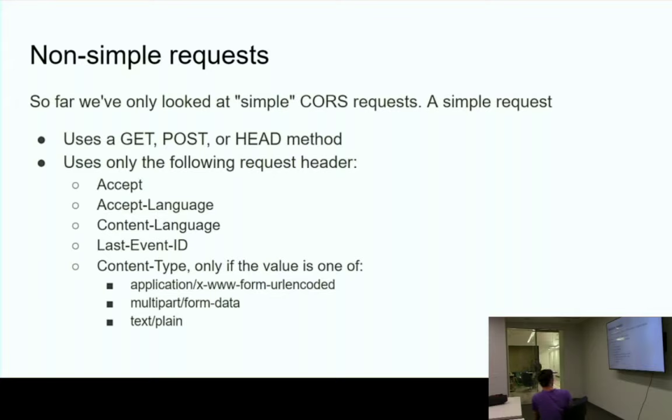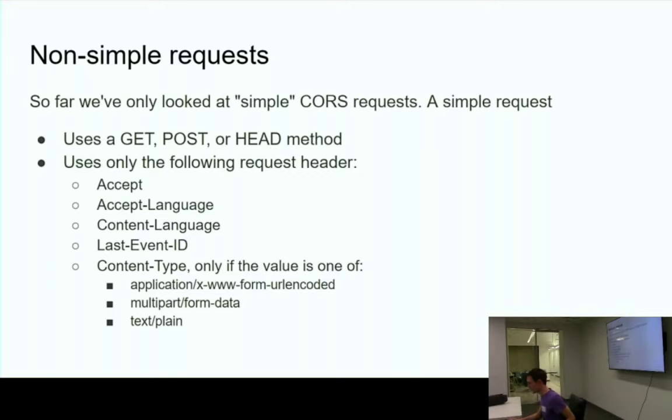It only has specific request headers, like Accept-Language, Content-Language, and Last-Event-ID, and the content type has to be one of these three. Notably, JSON types are omitted. If you want to do JSON stuff, it's going to be a non-simple request.